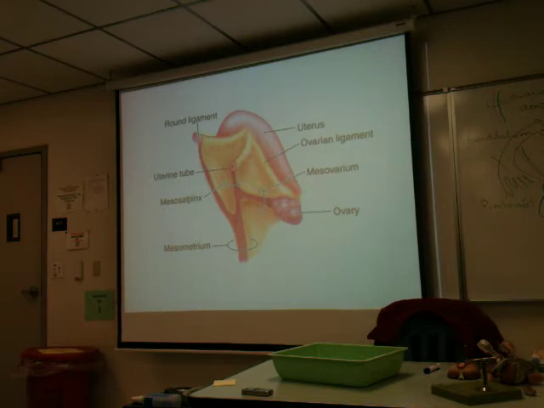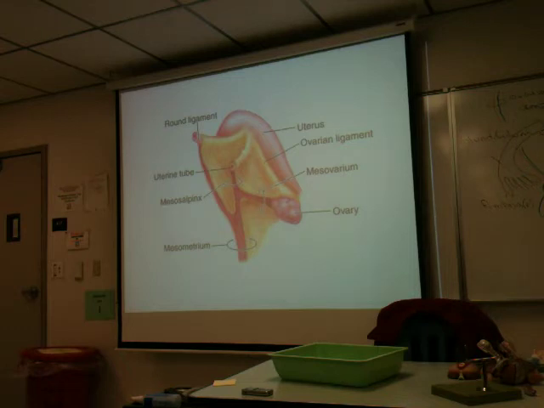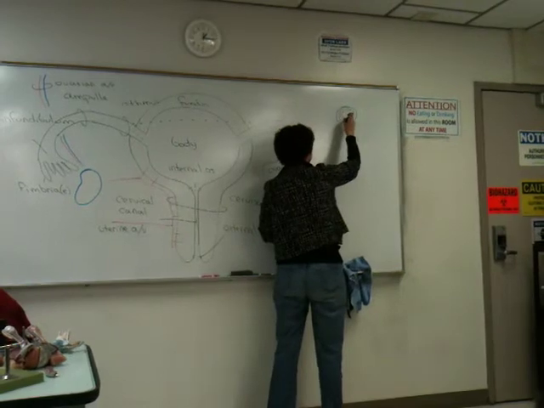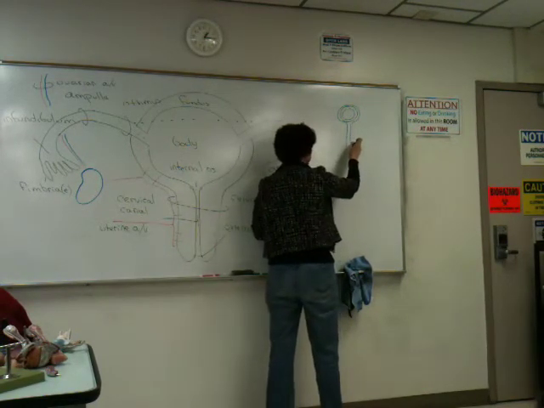Okay? So here's the oviduct. Over here's the ovary. The peritoneum draped around the oviduct and then coming down as a double layer.